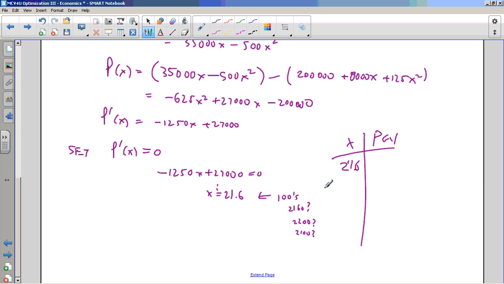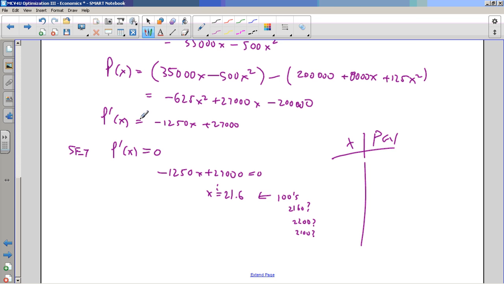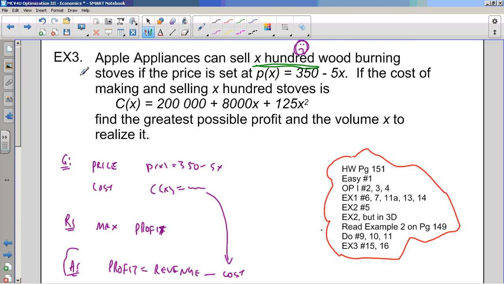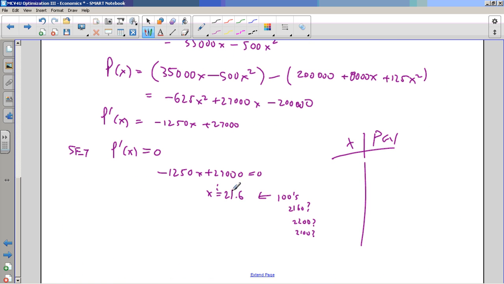This is a good question. First of all, I should figure out why it is in hundreds of stoves. If it was in hundreds of stoves because that's how the factory's set up, it does hundreds of stoves at a time, then this should be a whole number.